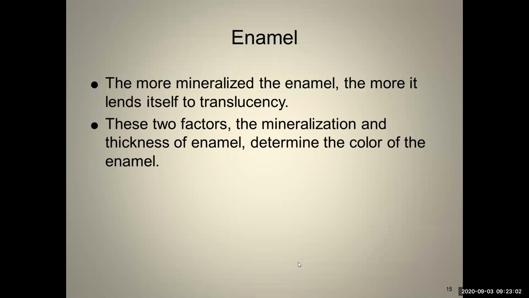The more mineralized the enamel, the more it lends itself to translucency. These two factors, the mineralization and the thickness of the enamel, determine the color of the enamel. So everybody's got a different color of teeth. Some are going to be whiter than others. Some will be yellower. Some will be grayer tinged, depending on the thickness of the enamel and the underlying structures.